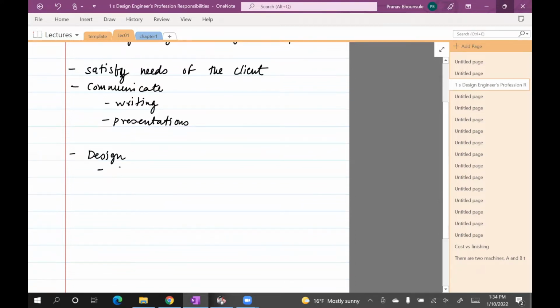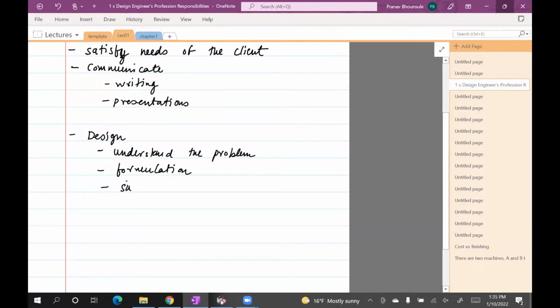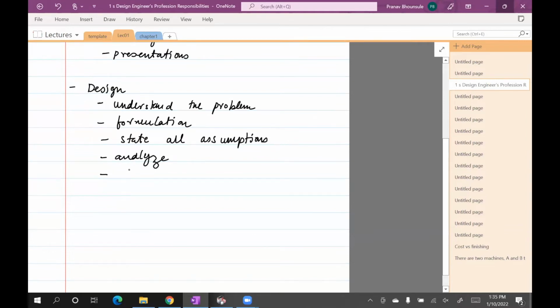A designer should understand the problem, formulate the problem, state all assumptions, which is really something of utmost importance, and then analyze, evaluate, and present.